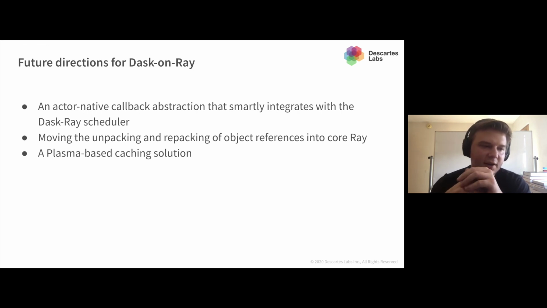It'd be great if we could use Apache Plasma as the distributed cache for the Dask-on-Ray system. And we've implemented that. We've had to jump through some hoops because of the object ownership semantics and not being able to transfer the ownership of an object to a long-lived caching actor.